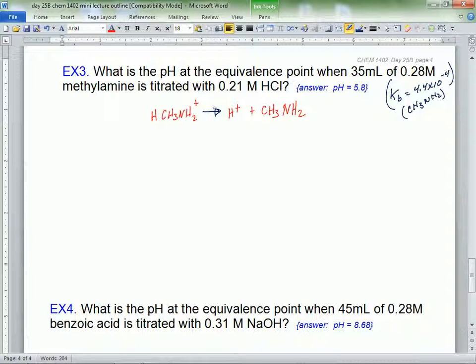To find the thing, or we just use the Kb? So we have to find the initial concentration, and then we'll fill in the ICE table. So you can start with the ICE table because you know that's going to be the answer, but it's going to be a lot of work to get that initial concentration. You got to get this first. All right, so first you got to find it. Remember that's moles over liters.